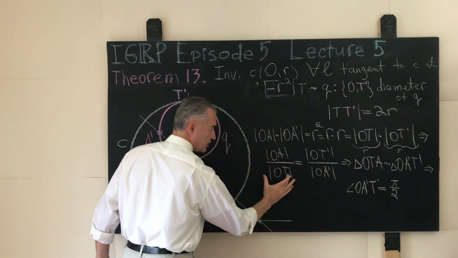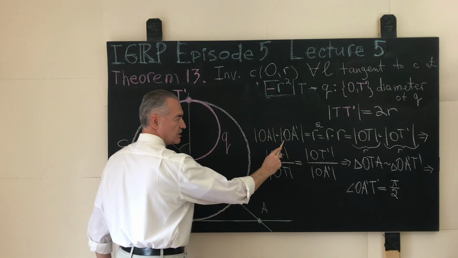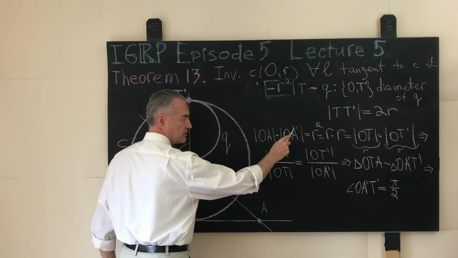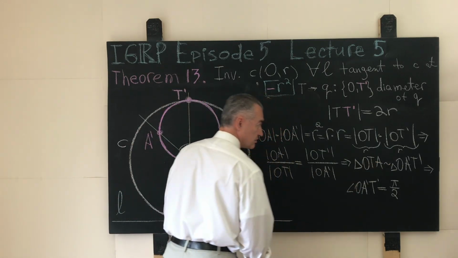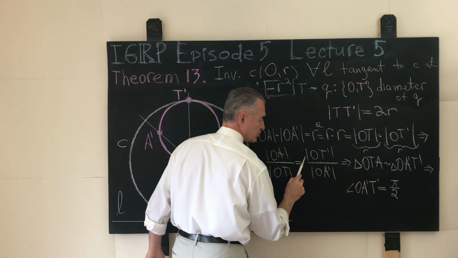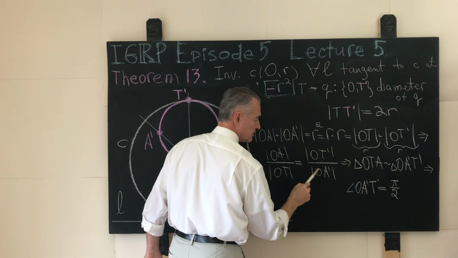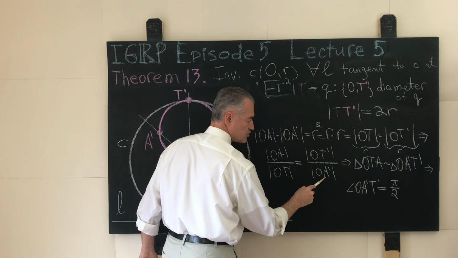We drag it over here. And we take this guy, the distance from the center of inversion to the image of the point A prime, and we push it to the other side into the denominator. Thus, we have OT prime, the distance between these 2 points, OT prime divided by the distance between the center of inversion and the image point A prime.